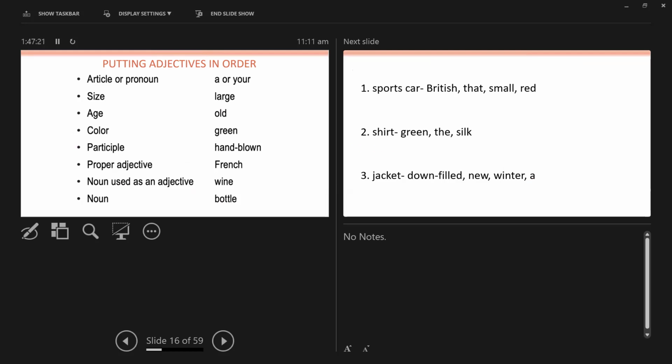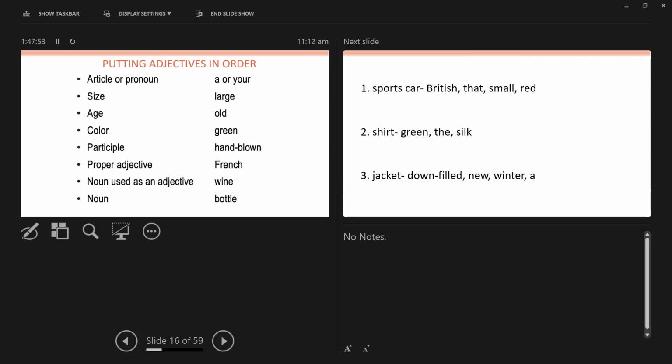Let's see. The first one should be the article, your, the, size, large, small, medium, age, old, young, middle aged, color, green, all the colors in the spectrum, participle, hand blown, proper adjective, French, Vietnamese, Chinese, American, English.